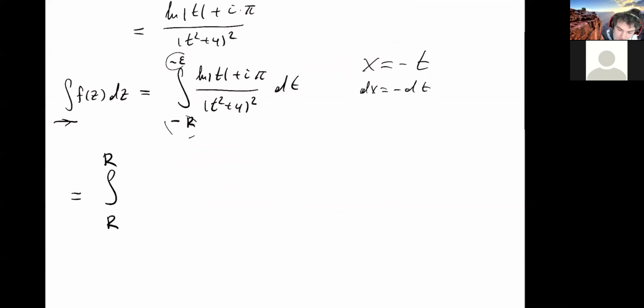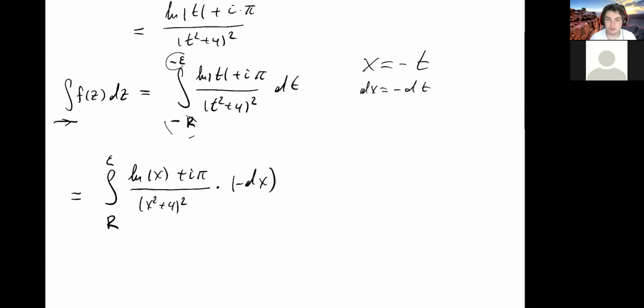And x is now positive, so I don't need the absolute value here anymore. T was negative, x is positive. Plus I pi. Well, t squared and x squared are the same thing. And dt is minus dx, so times minus dx.